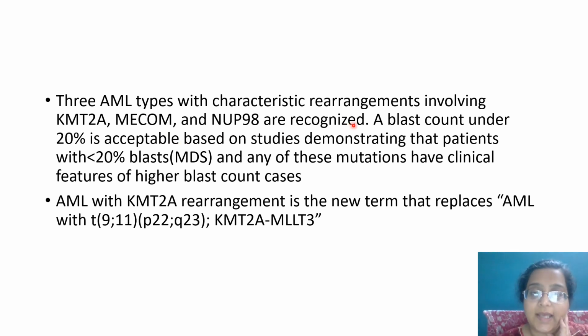Pre-AML types with characteristic rearrangements involve CUX1, MECOM, and NUP98. A blast count under 20% is acceptable based on studies demonstrating that patients with less than 20% blasts, initially MDS, and any of these mutations have clinical features of a high blast count.